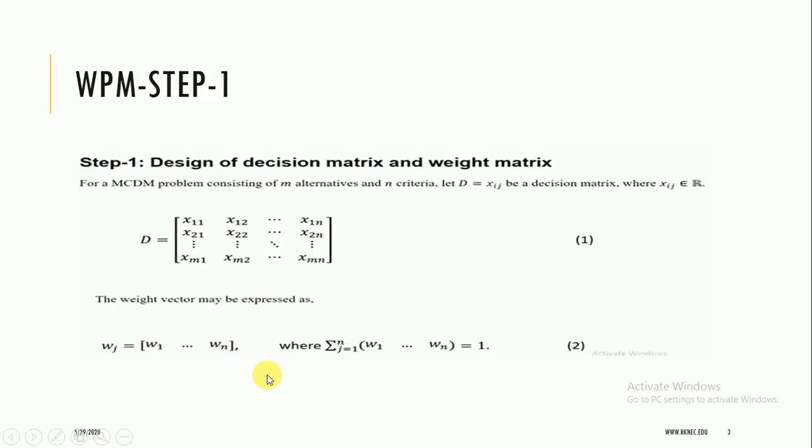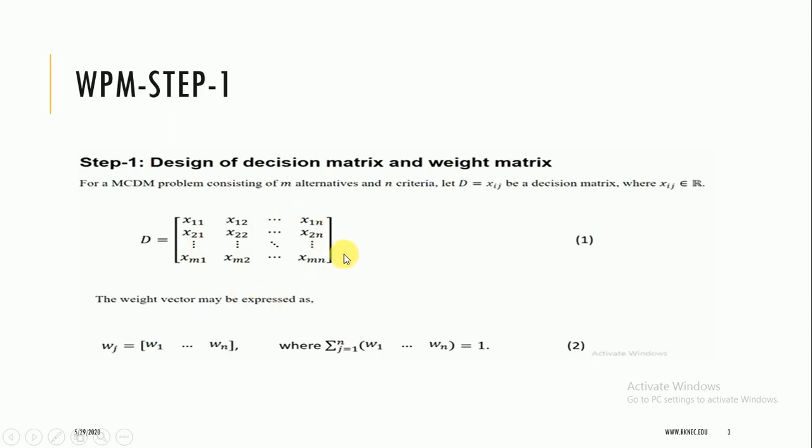The steps remain the same. In the decision matrix, if I refer to x22, it means this is the cross section of alternative 2 and criteria number 2. If I refer to xm2, then this is the cross section of the mth alternative and the second criterion.